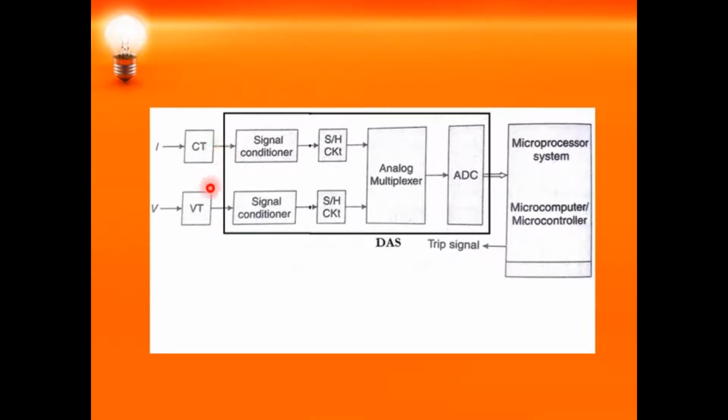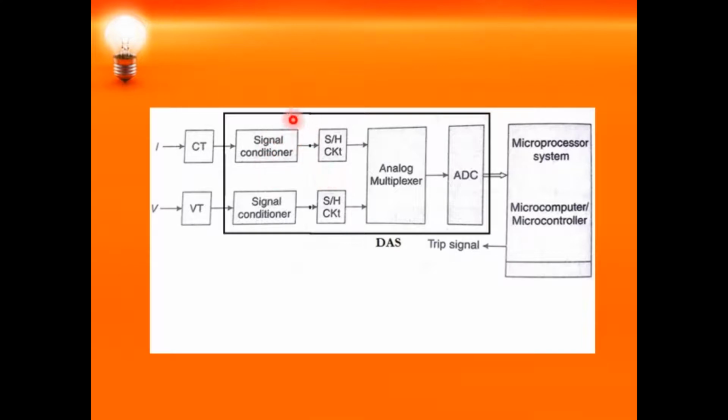The output of these CTs and VTs is applied to the signal conditioner. The signal conditioner will electrically isolate the relay from the power system, reduce the level of the input voltage and convert it to an equivalent voltage, and remove the high frequency components from the signal using analog filters.